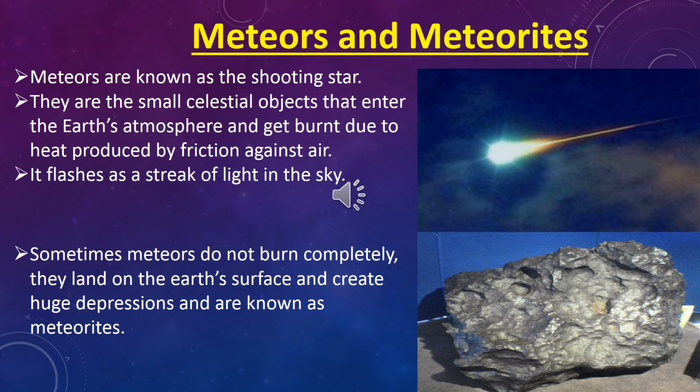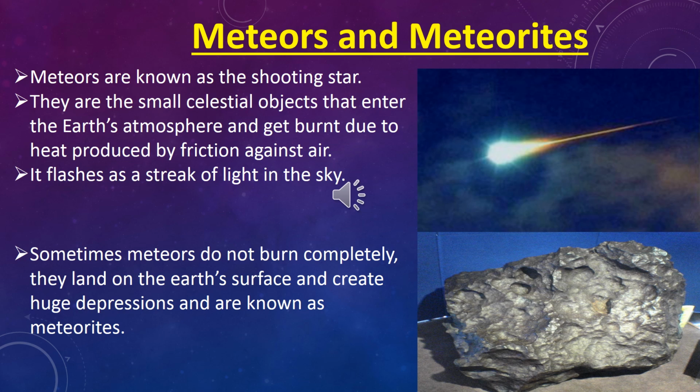When these celestial bodies fall and enter the Earth's atmosphere, the force is so much that they get burnt, and the heat which is produced during this process creates friction against the air. Because of that, it shines. It flashes as a streak of light in the sky.